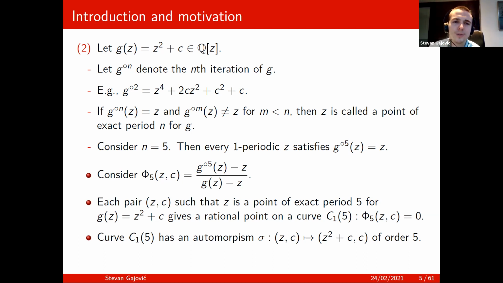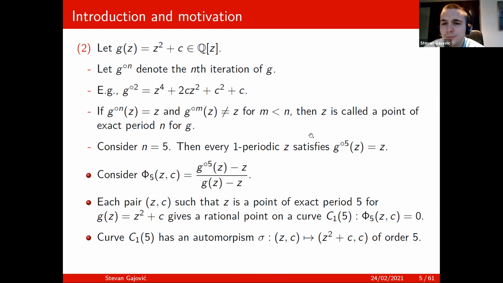You can see the second iteration of this polynomial, and so on. So in some sense we create a dynamical system, and then we want to see if there are fixed points of this system, that is, fixed points of the nth iteration of this polynomial.